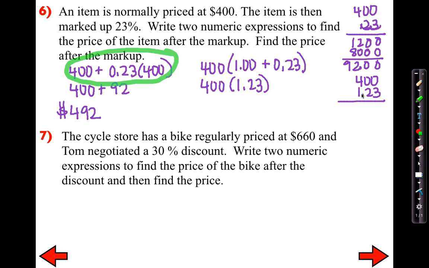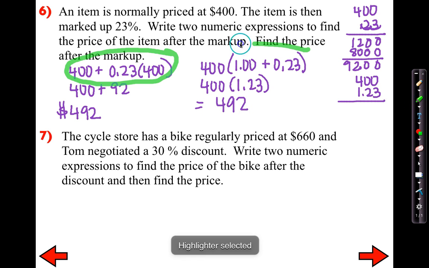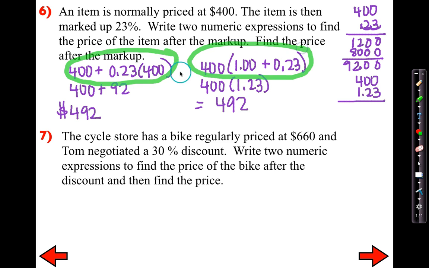If I take 400 and multiply by 1.23, you do end up with a total of 492. So this is further proof that these expressions are equivalent. They do look different, but they leave us with the same exact value. So the final price for the markup would be 492, and these would be our two equivalent expressions.